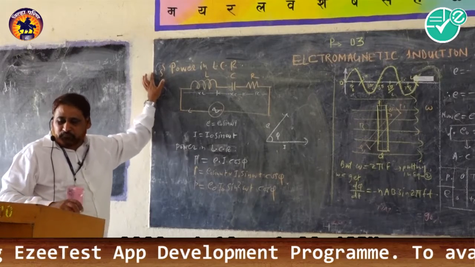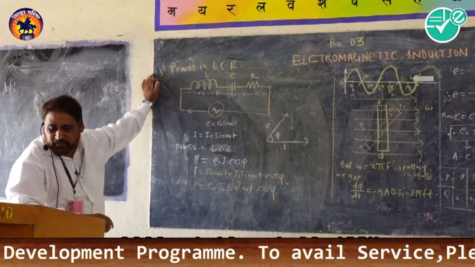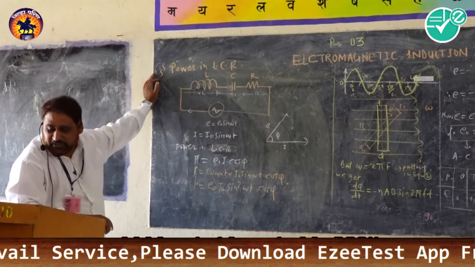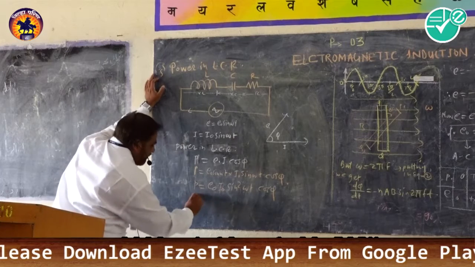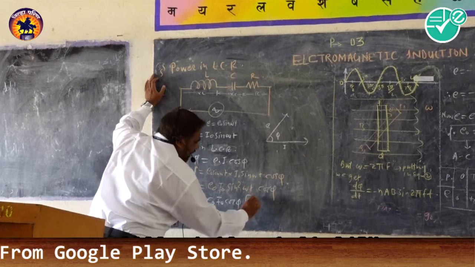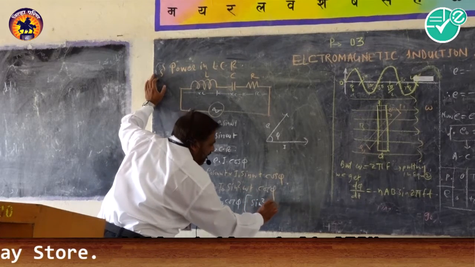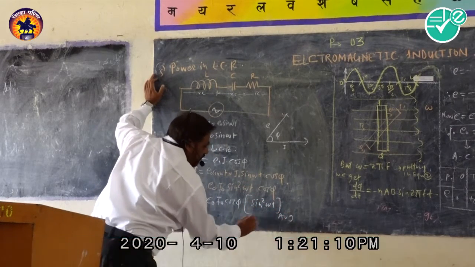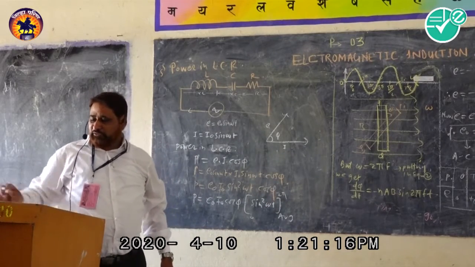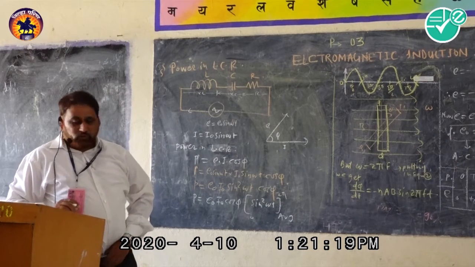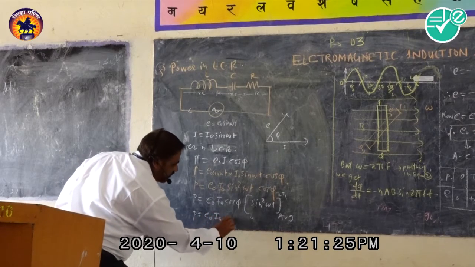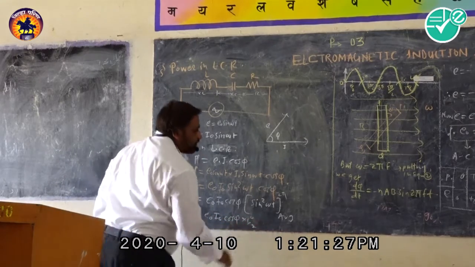Now let us take the average of sine square omega t from 0 to 2 pi, which is 1 by 2. So P is equal to E0 by root 2 into I0 by root 2 into cos phi, that is E0 I0 cos phi into 1 by 2.